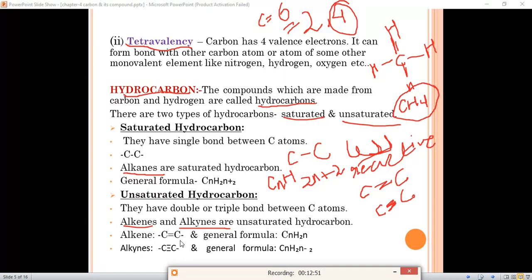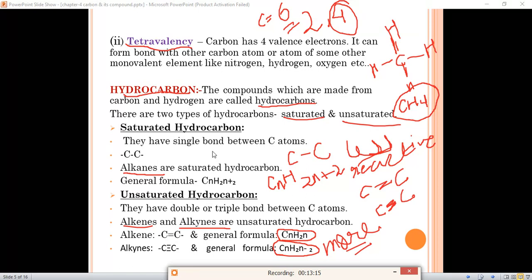The general formula of alkene is CnH2n. By this formula, we can calculate the number of carbon and hydrogen for alkene. And for alkyne, the general formula is CnH2n-2. Unsaturated hydrocarbons are more reactive, means they will show more reactions than the saturated hydrocarbons.